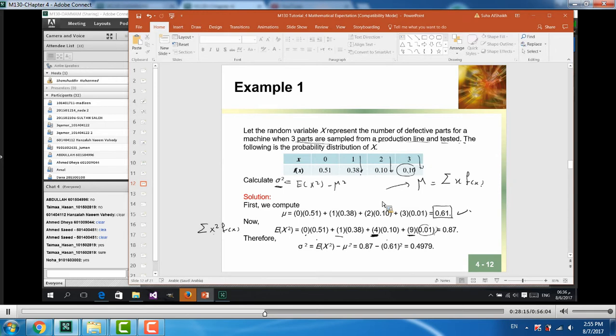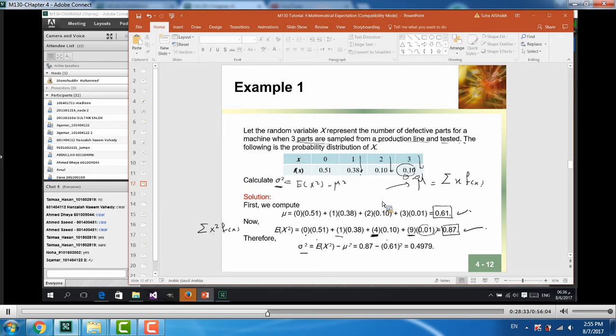It should be 0.1 here, I think. There is a mistake here. This one is 0.01. Do the multiplication, add everything, you get the expectation of x square.